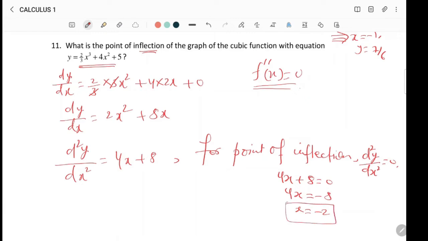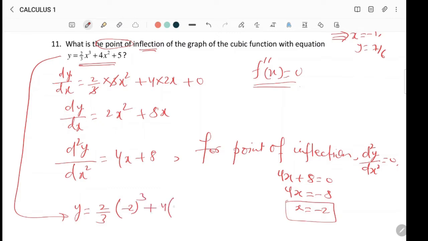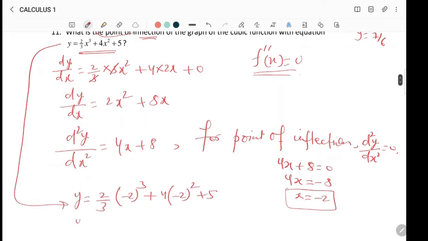But again, they are talking about point, right? What is the point of inflection? So x is minus 2. We need to find y also. So y equals 2 over 3 times minus 2 whole cube plus 4 times minus 2 whole square and plus 5.